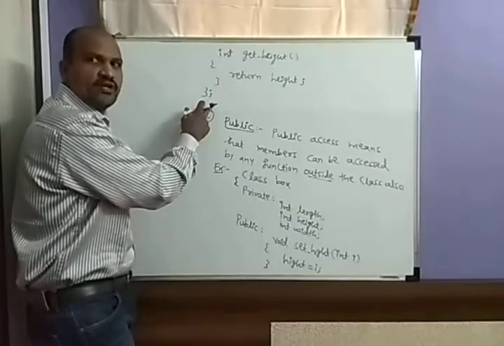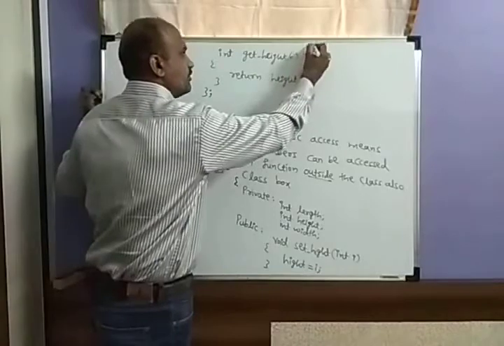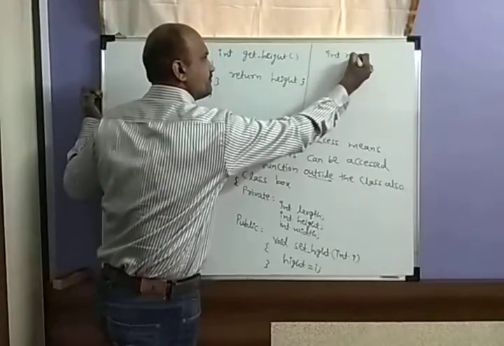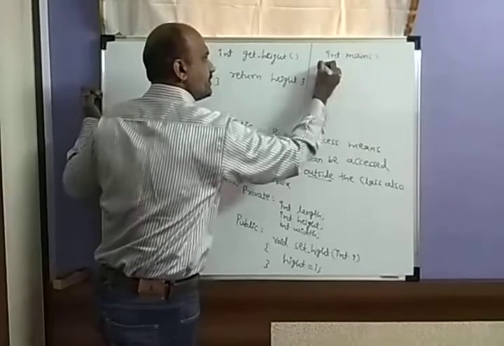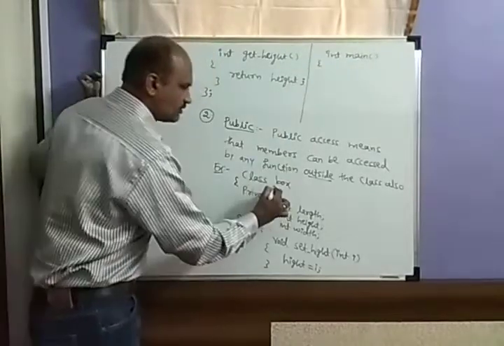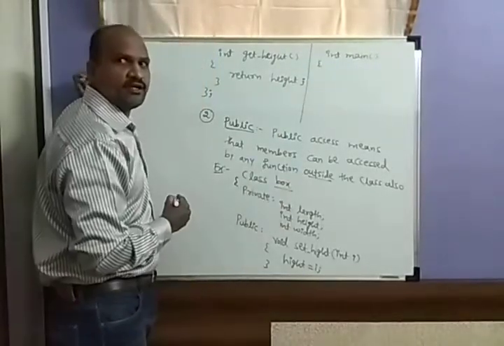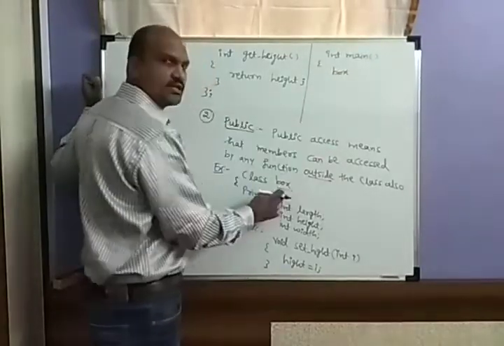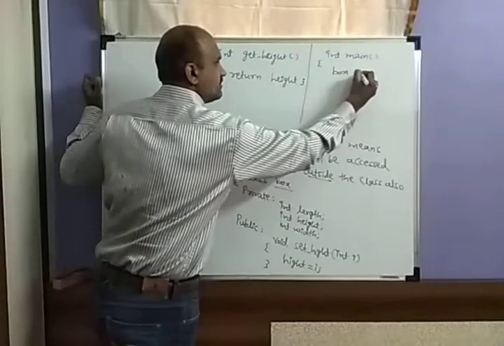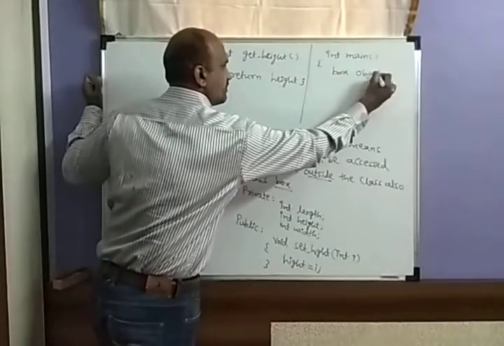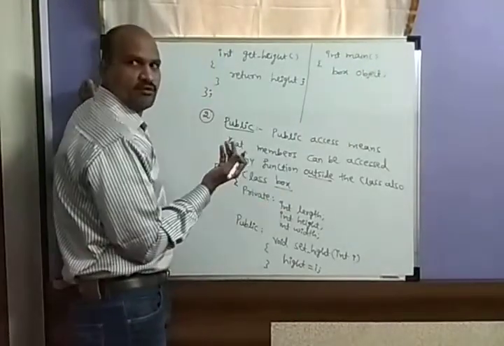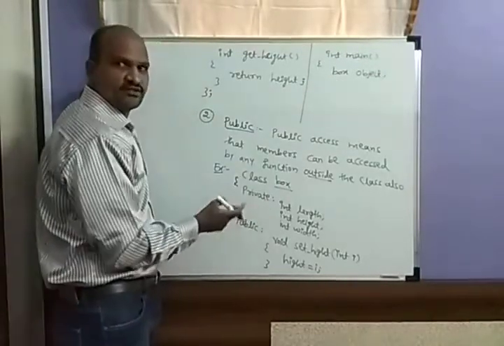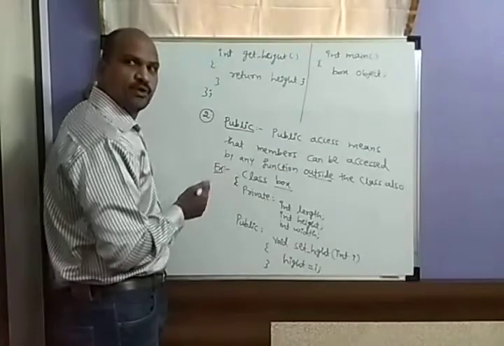Next we write the main function, int main. In the main function, as I told you, with the class name you have to create an object. The class name is Box. I will create one object. You have to access length, height and width.